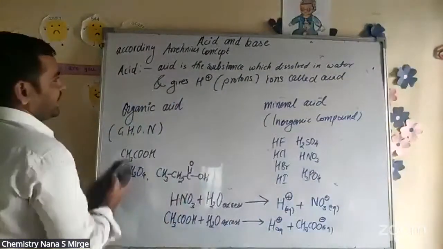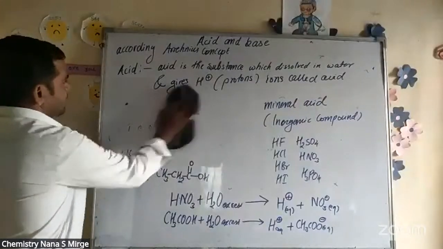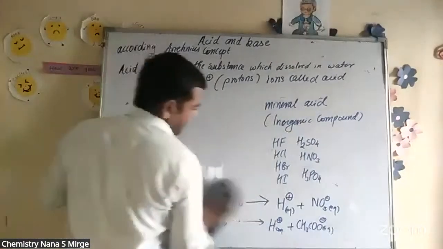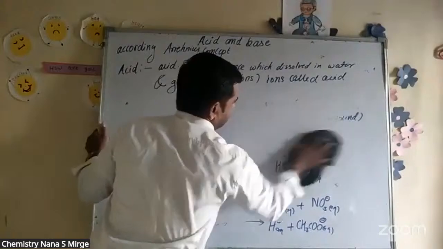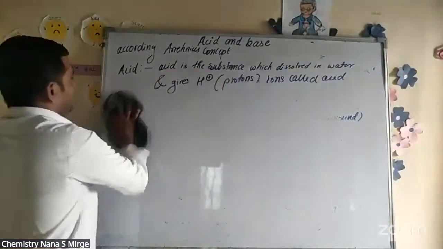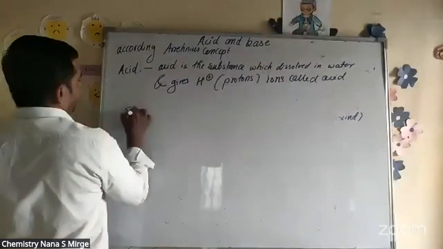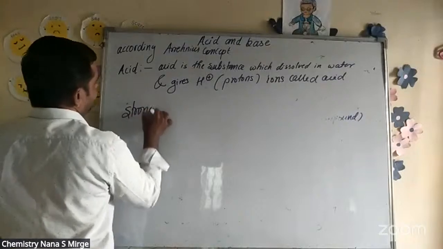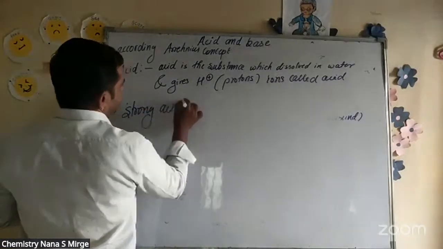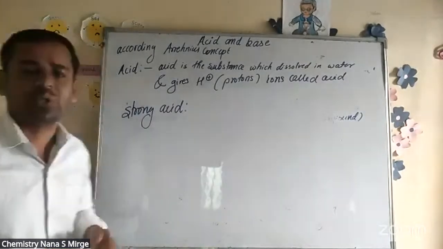Then the next question: which one is a strong acid and which one is a weak acid? An acid may be a strong acid or a weak acid, depending upon its nature. Why do we call it a strong acid? A strong acid easily dissociates, with fast dissociation.